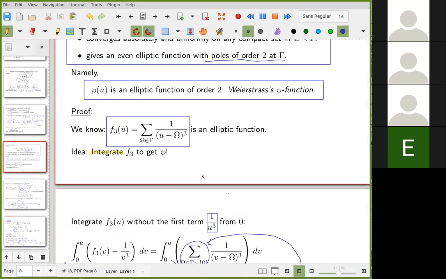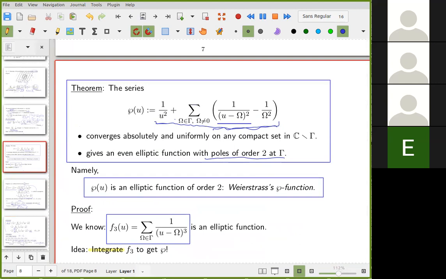So that's the proof of the double periodicity. And this construction gives the simplest elliptic function explicitly.